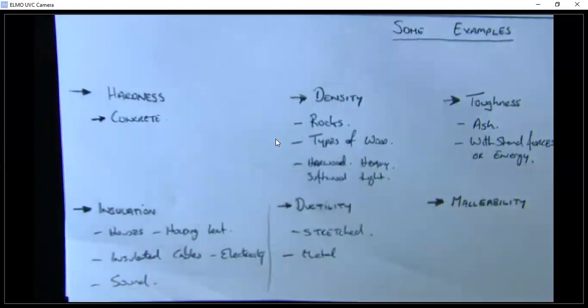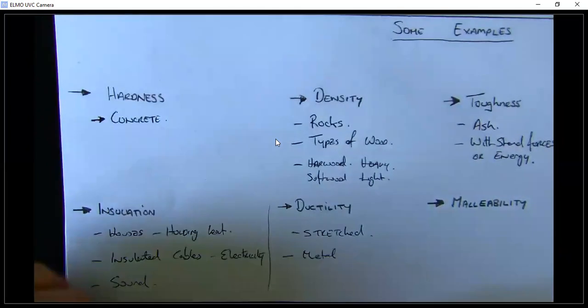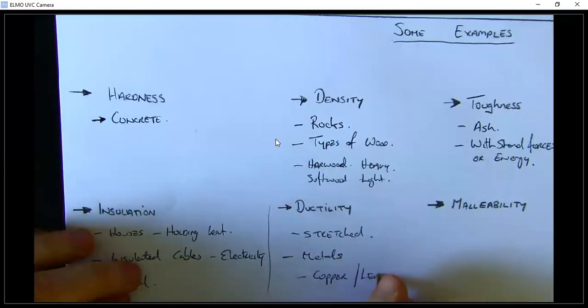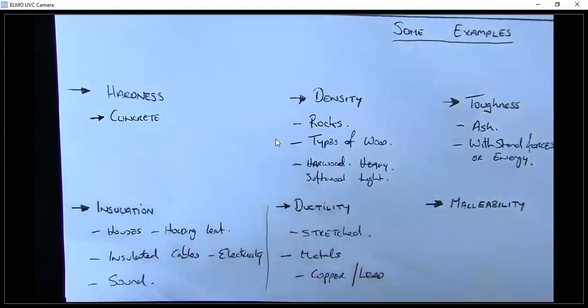So let's zoom in there. When we talk about copper and lead, they can be stretched, they can be shaped into different forms, into whatever you want, really. They have really good properties in that area.